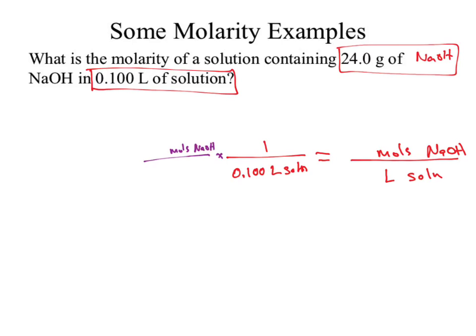Okay, am I given moles of sodium hydroxide? No. Okay, so what do I have? I have grams of sodium hydroxide. And no, you're now saying, oh, I'm going to put a number in. No, we're putting the unit in.